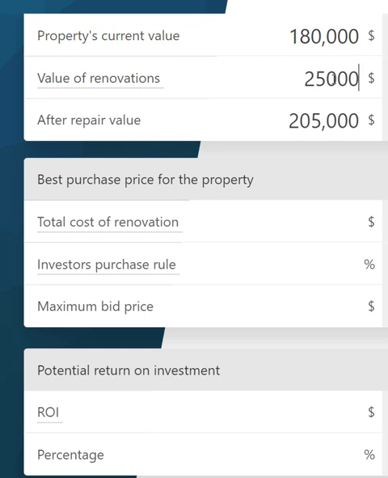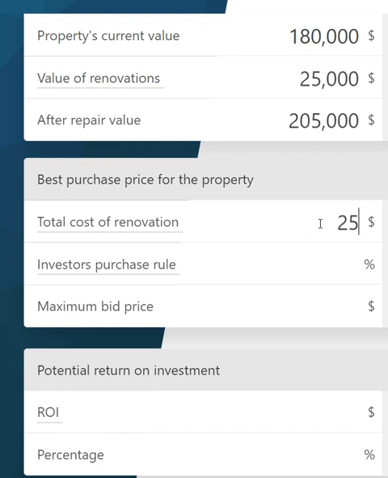Okay, you don't have money to pay for the renovations, so this money is calculated by the investor. So the value is going to be around $205,000 after the renovation.